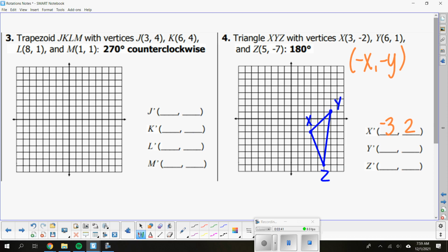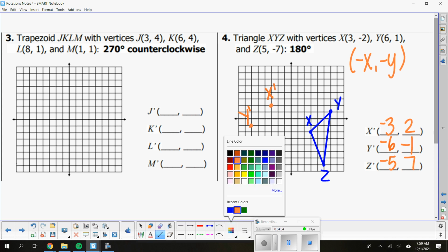I'm going to want -6, -1, and I'm going to want -5, +7. So go ahead and plot those points and make sure that you are labeling them with the prime symbol. And then connect them accordingly.